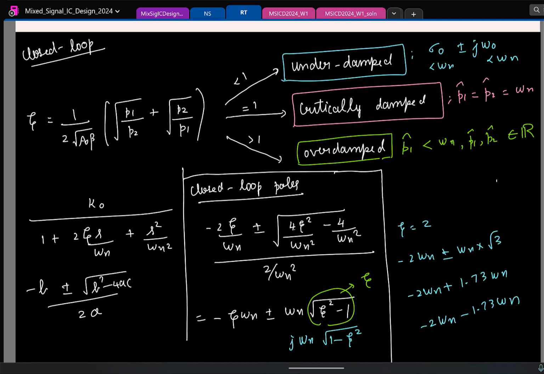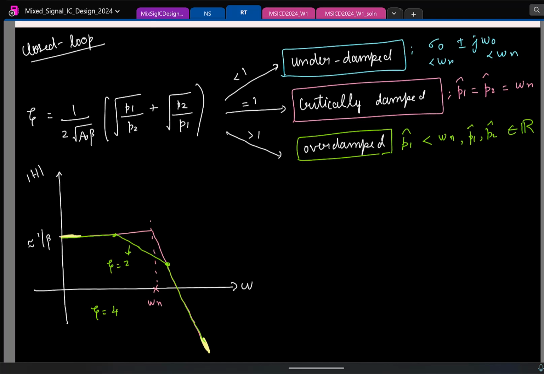So one is going to a very low frequency. So obviously, the low frequency pole will do this, and the high frequency pole will do this. Is that okay? In fact, if I keep pushing zeta closer and closer to infinity, you will find one pole will move to 0, the other pole will move to infinity.